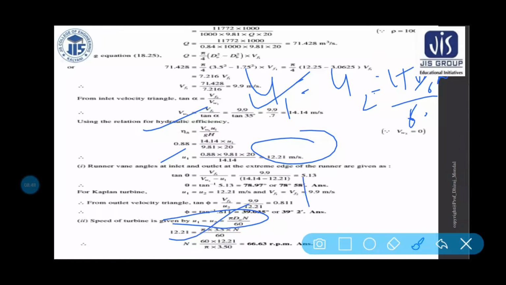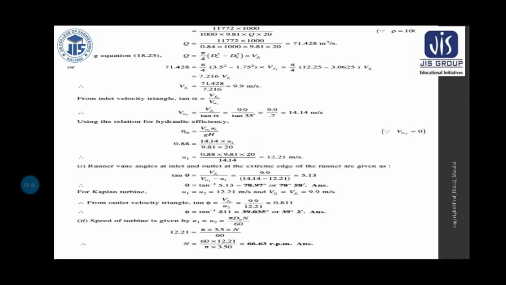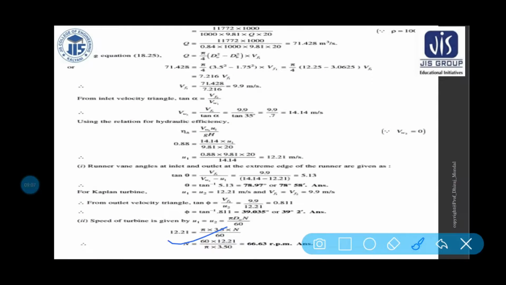Another thing you have to find out is tan phi. Tan phi is equal to Vf2 by u2. So u2 I have got, Vf2 I know, Vf2 is equal to Vf1. So this is the answer. Phi is equal to 39.035 degree, and n is equal to 66.63 rpm. So this is your answer. I think it is clear.